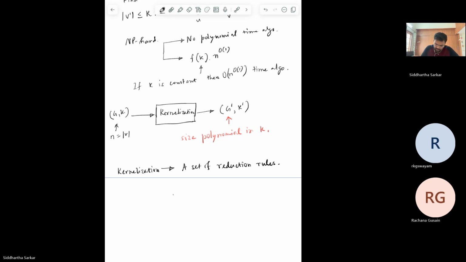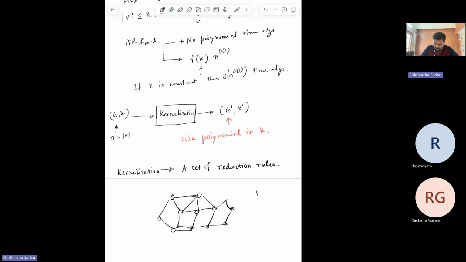Suppose I'm looking at a graph, and of course I have been given a parameter k, and I am trying to see if a vertex cover of size less than or equal to k exists.